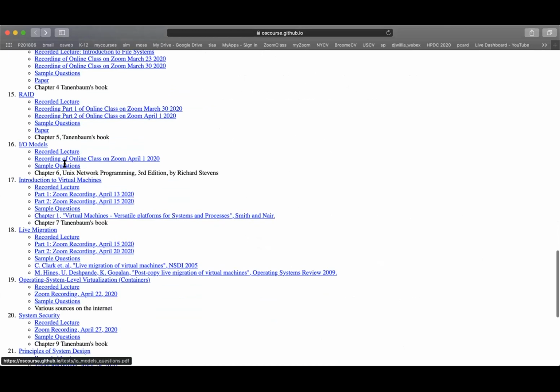So for IO models, the key thing is to understand the difference between different IO models, and to know in what context you would use blocking IO versus non-blocking IO, signal-driven IO, and so forth.